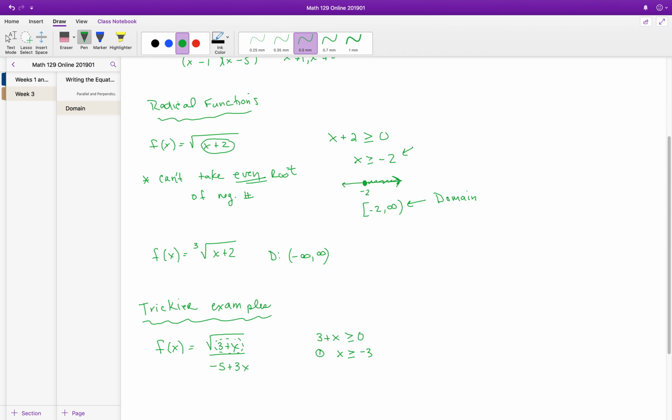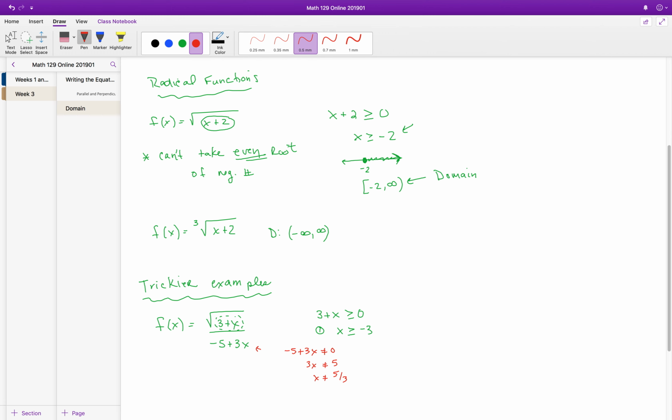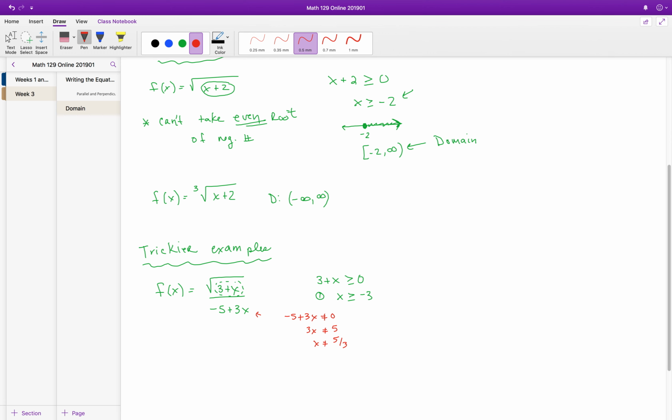Now when I consider the denominator, the denominator can't be 0, right? So negative 5 plus 3x can't be 0. So let's see, what x value will make it 0? If we solve, 3x can't be 5, so x can't be 5/3. Okay, so that's my second condition.